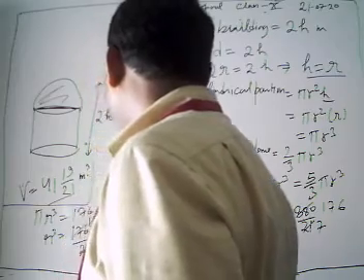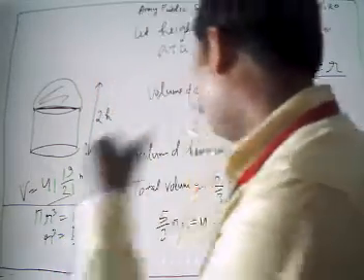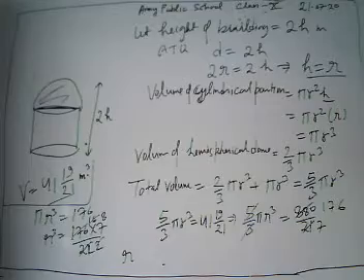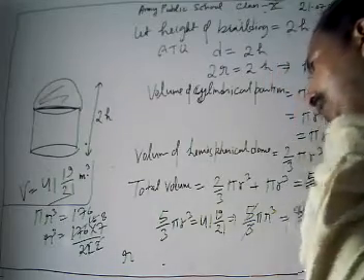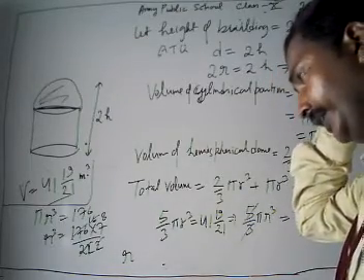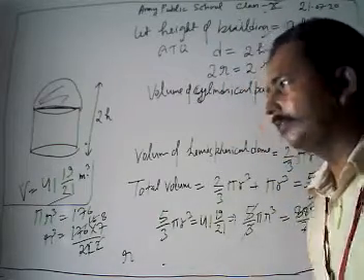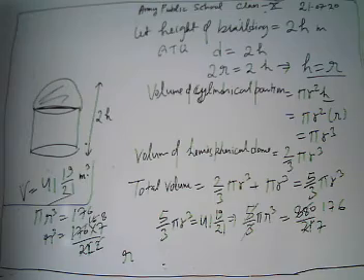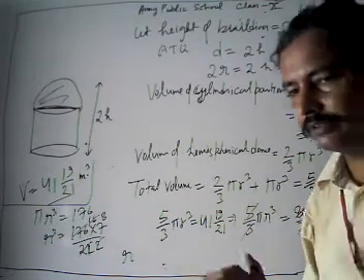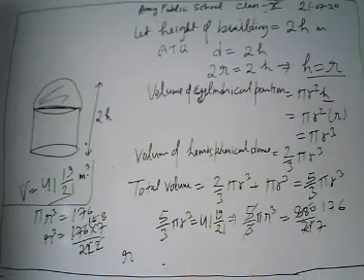Then r cube is 56, but we cannot get the cube root of 56. I hope we have made a mistake there, so we have to check the values again.